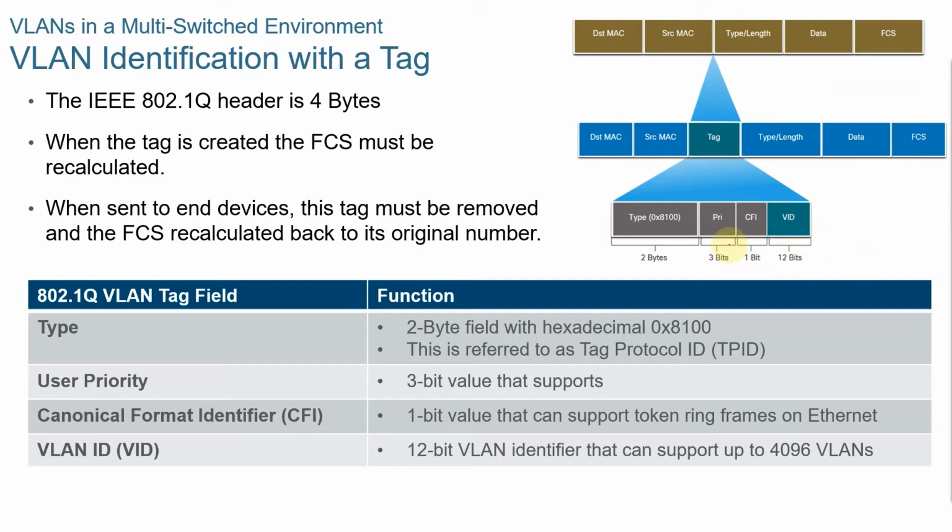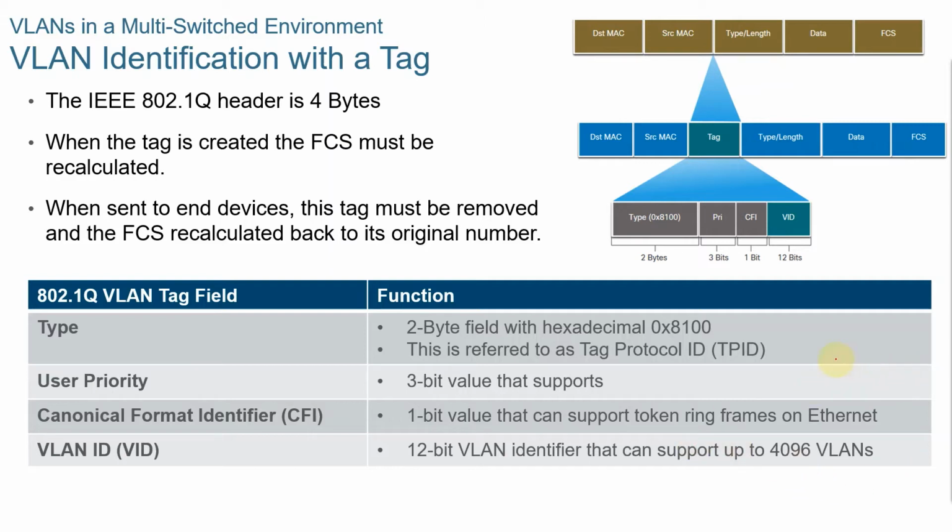The 802.1Q header includes a 4-byte tag inserted with the original Ethernet frame header, specifying the VLAN to which the frame belongs. So when the switch receives a frame on a port configured in access mode and assigned a VLAN, the switch inserts a VLAN tag in the frame header, recalculates the frame check sequence, or FCS, and sends the tagged frame out a trunk port.